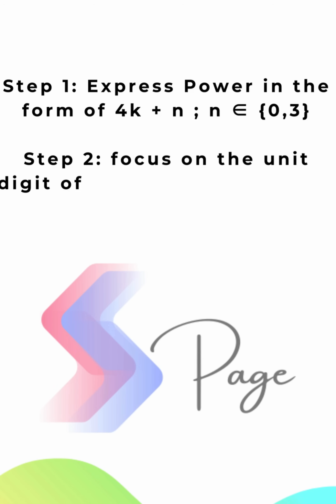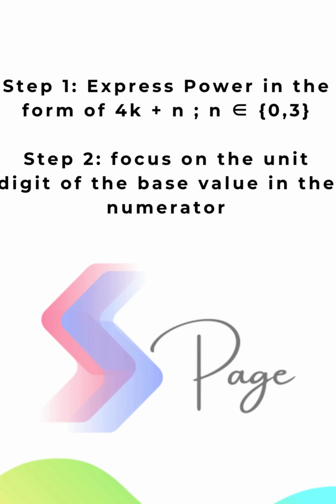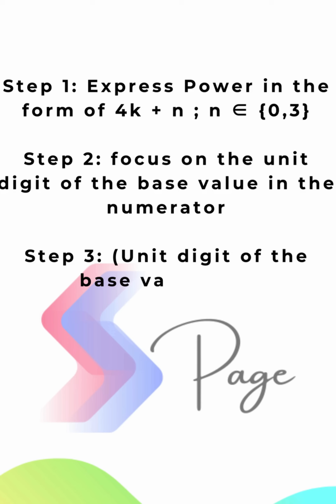So this shortcut technique focuses on this given value 3 and the unit place number of this base value, and avoids the rest of the numbers because it is already in the power format. So we can reread the same thing as 4 to the power 3, avoiding the rest of the numbers.